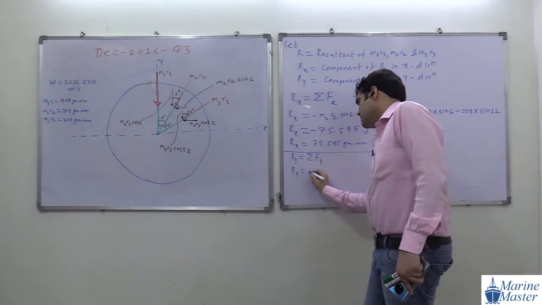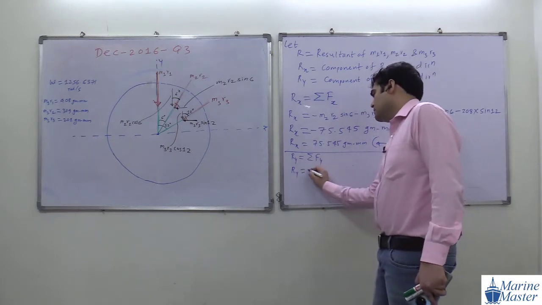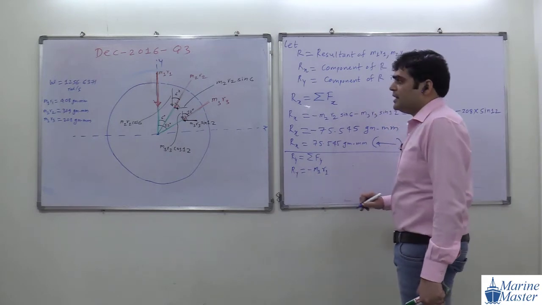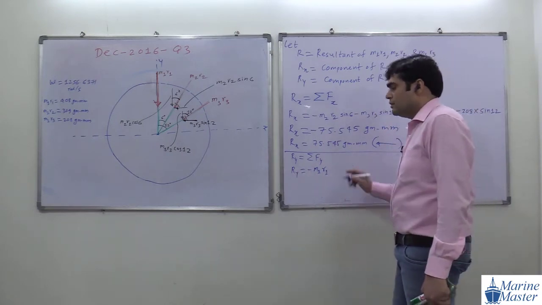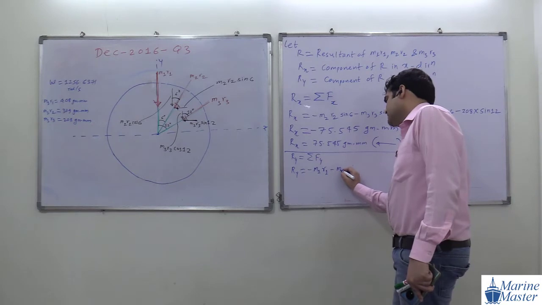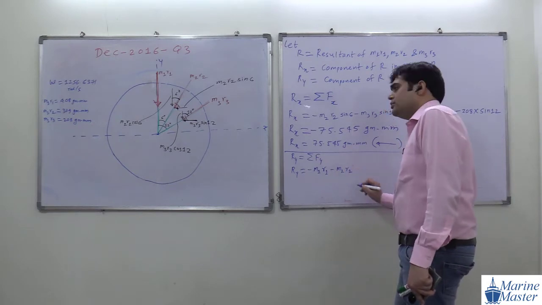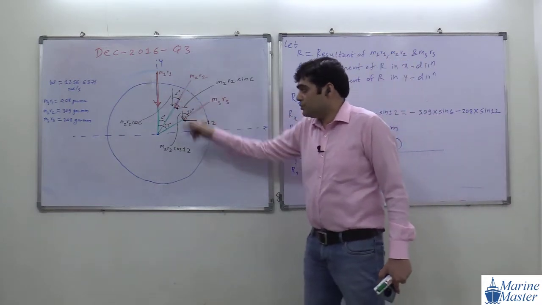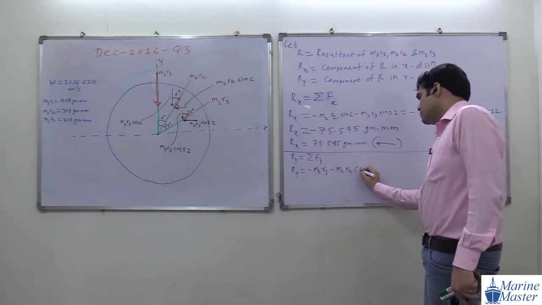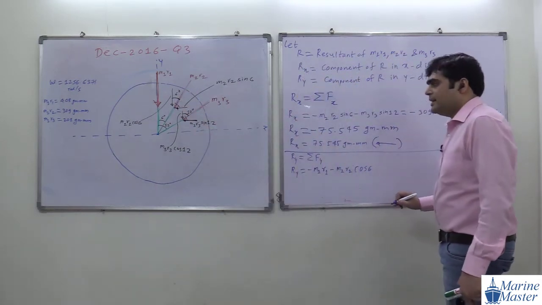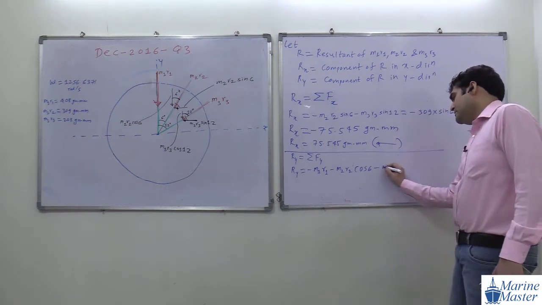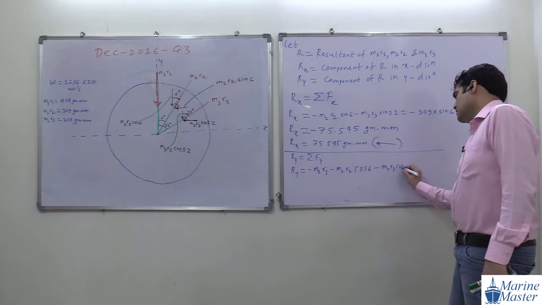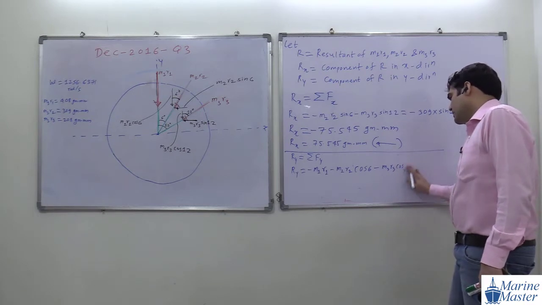So Ry is what? Minus M1 R1. Then minus M2 R2 cos 6, and then minus M3 R3 cos 12.